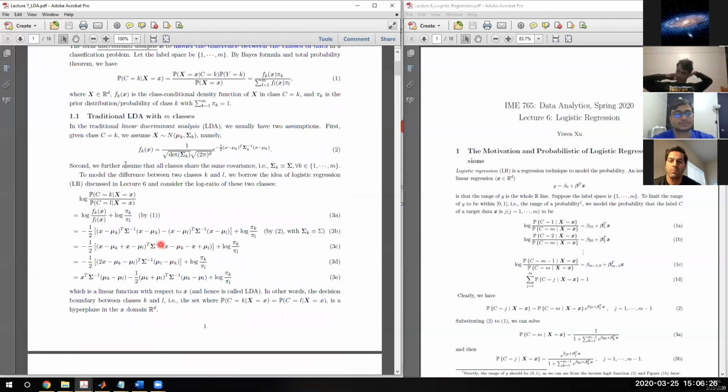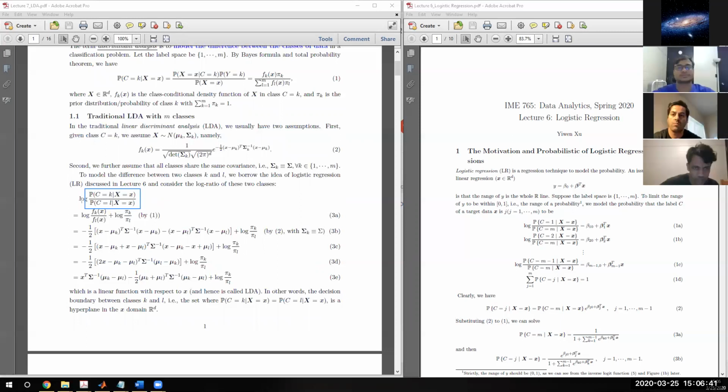Because in this case, the value here is greater than or equal to 1, then by taking the log, it's greater than 0.